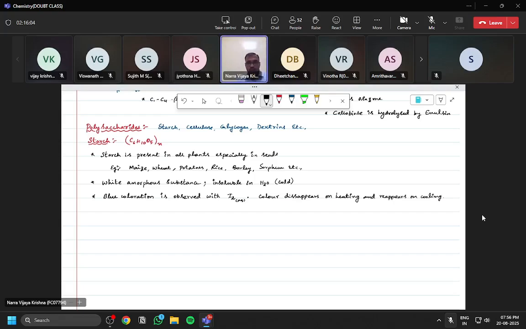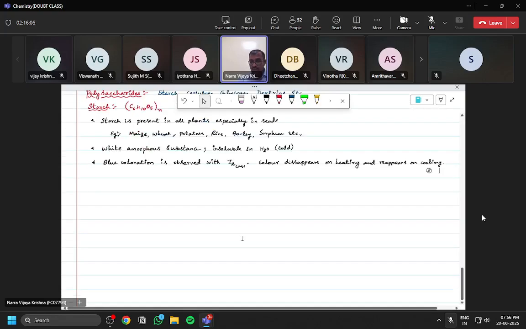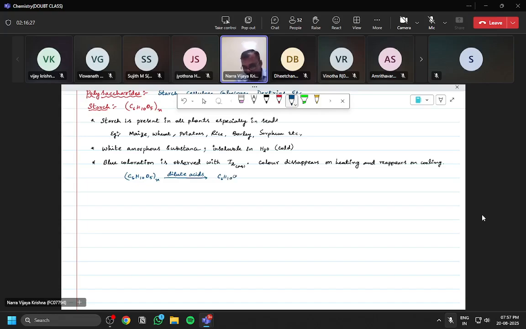Now, on hydrolysis, (C6H10O5)n in the presence of dilute acids gives (C6H10O5)n', which means the long chain will break down into smaller chains, where n is greater than n'.